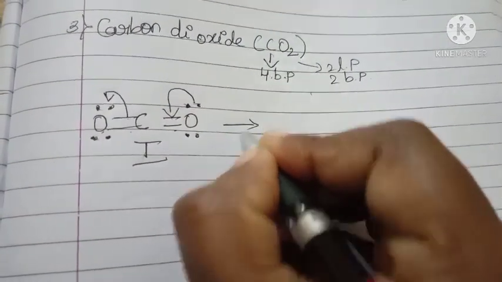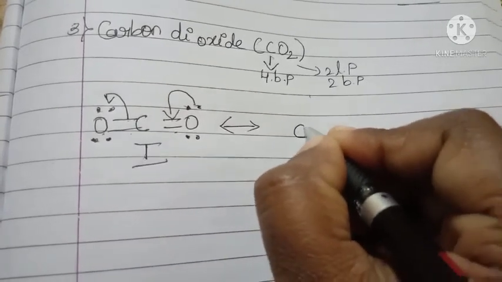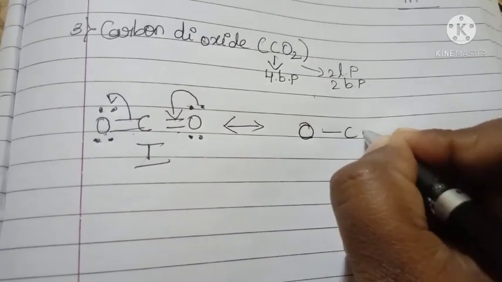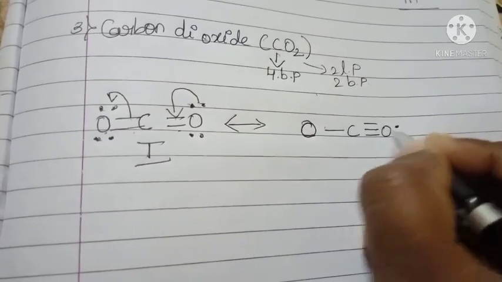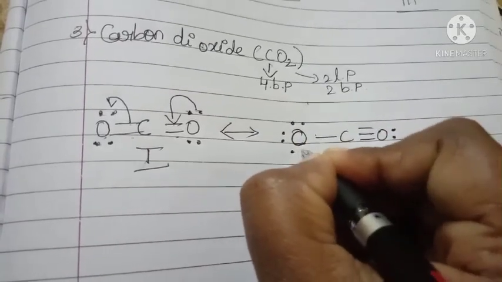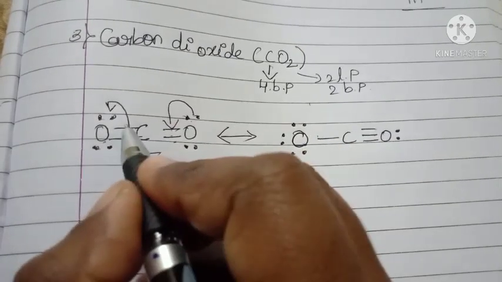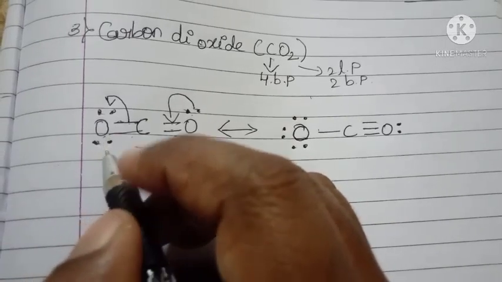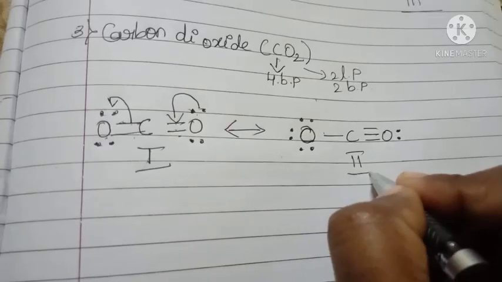Okay, and the structure is O single bond O, C triple bond O. It has 1 lone pair and it has 3 lone pairs of electrons because here this lone pair should be converted to a bond pair and this bond pair should be converted to a lone pair with the oxygen atom. Okay, this is the second possible structure.